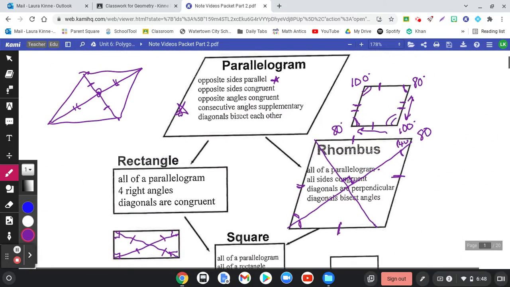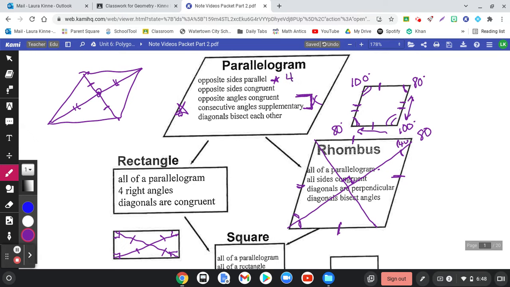Okay, so parallelogram, you can show opposite sides are parallel. So that would be slope. You can show opposite sides are congruent, so you'd have to do either distance or Pythagorean theorem 4 times. Opposite angles are congruent, which you're really not going to use these at all unless they give you angles.